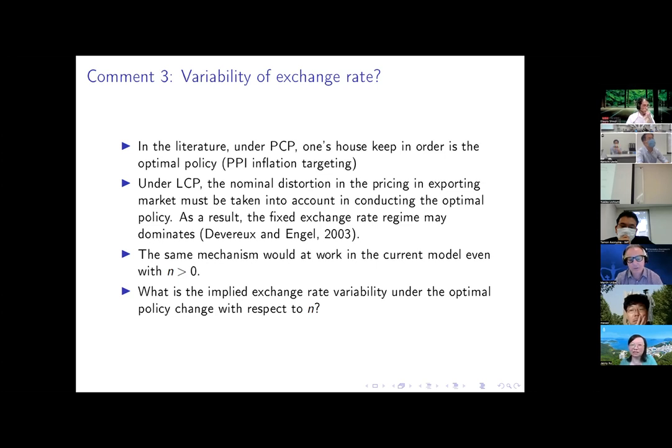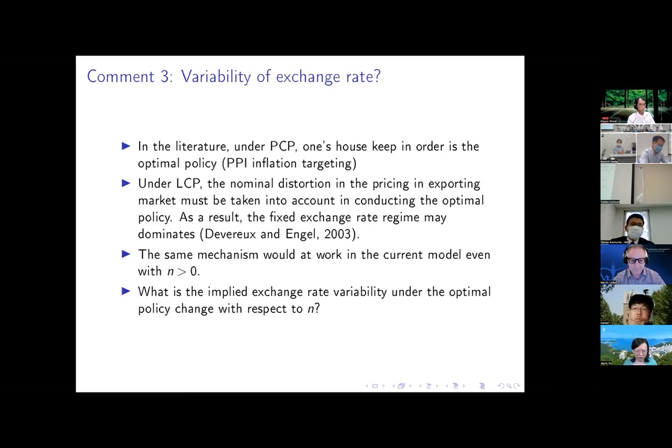Because of preset prices, there is a deviation from the law of one price, and that replaces the variability of the exchange rate in the loss function. As shown by Engel, because of the currency misalignment, it's impossible to go back to the flexible price equilibrium, but the central bank, by choosing CPI targeting, can reduce this distortion. And then this is going to be the optimum policy. I think our paper is going to follow that logic.